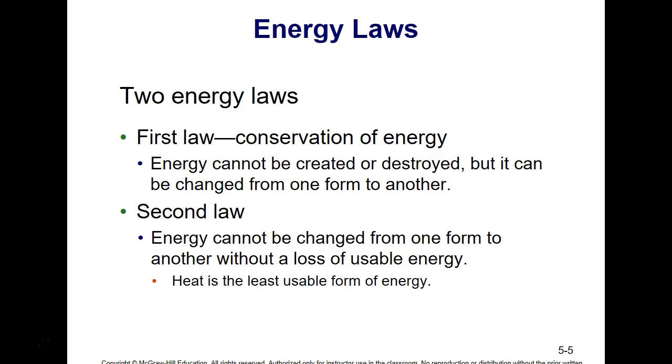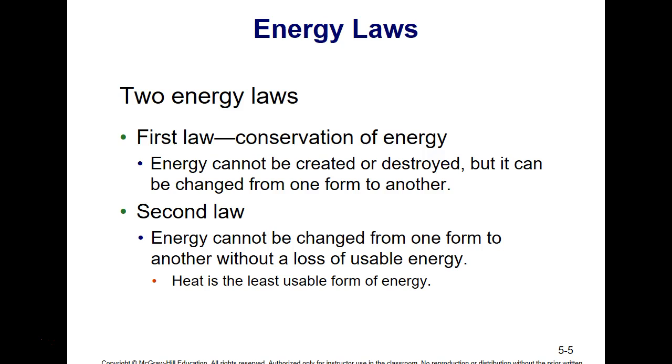Second law: energy cannot be changed from one form to another without some energy being lost. Heat is the least usable form of energy. In your textbook, on page 81, also associated with the second law of thermodynamics is entropy, going from a state of order to a state of disorder.